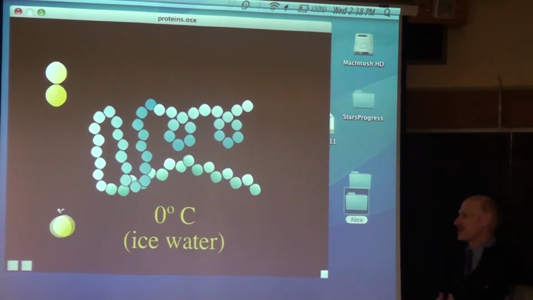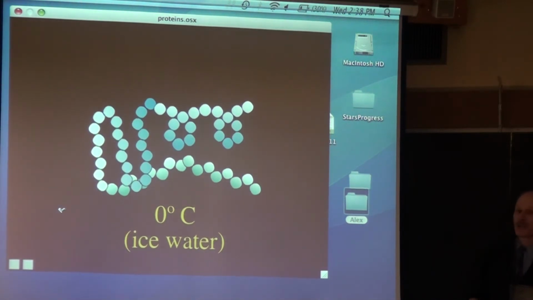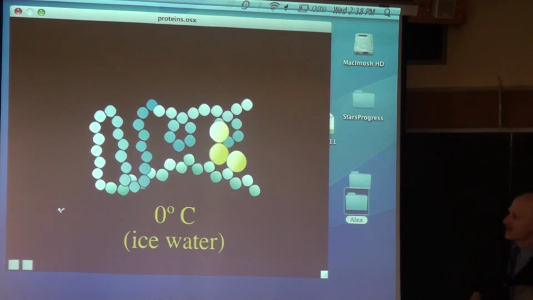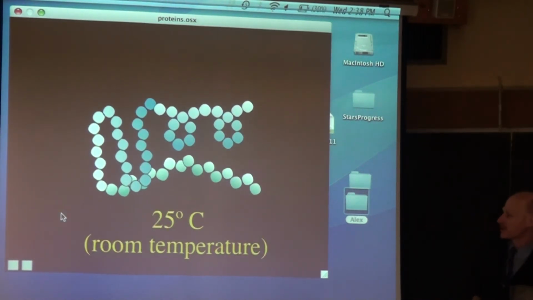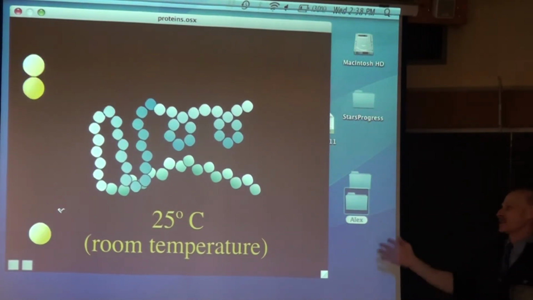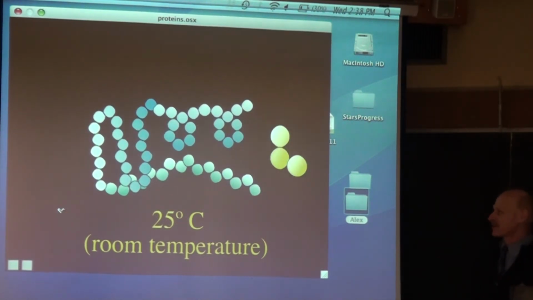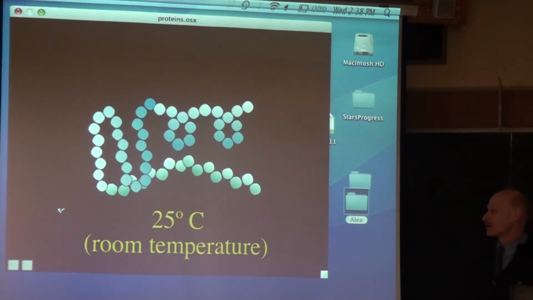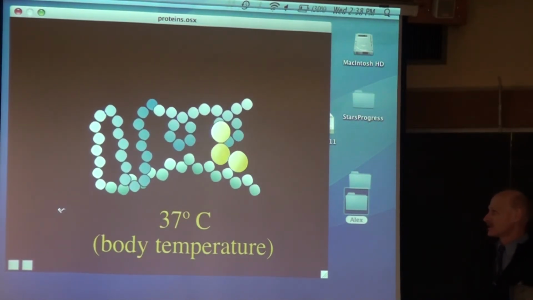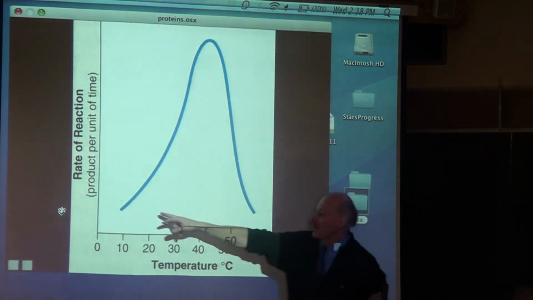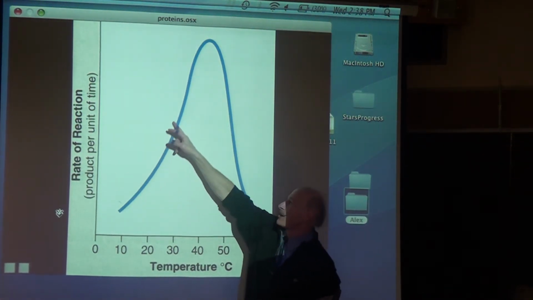So the whole thing is just going to be a little bit slower the lower temperature you put the enzyme in. If we crank up the temperature a little bit to something around room temperature, then since it's warmer, the molecules move faster, and so the rate will increase as we increase the temperature. And if we crank up the temperature a little more to body temperature, it's going to go even faster. So far so good. We're explaining this part right here, why it gets faster as you get warmer.